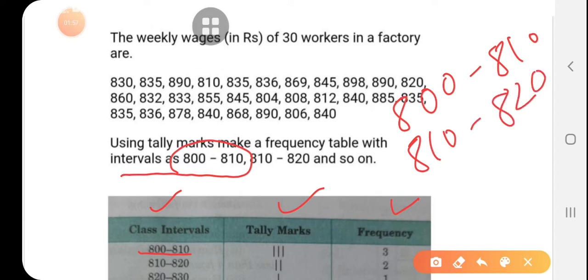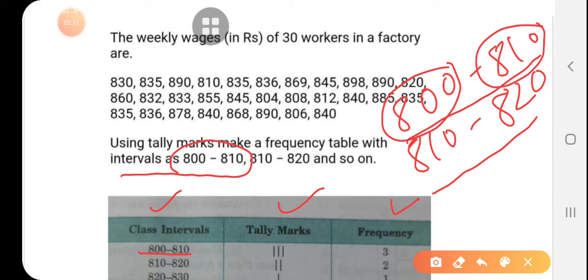Now, if you count 810 in this interval and again count 810 in the next interval, then the number will be repeated and the total will increase, which will be wrong. So in this case, 800 is the lower limit and 810 is the upper limit.